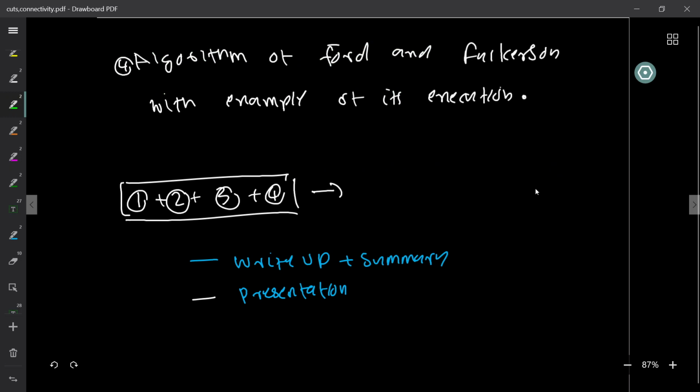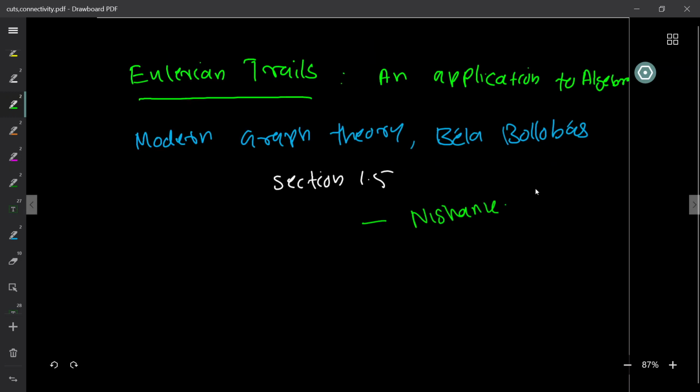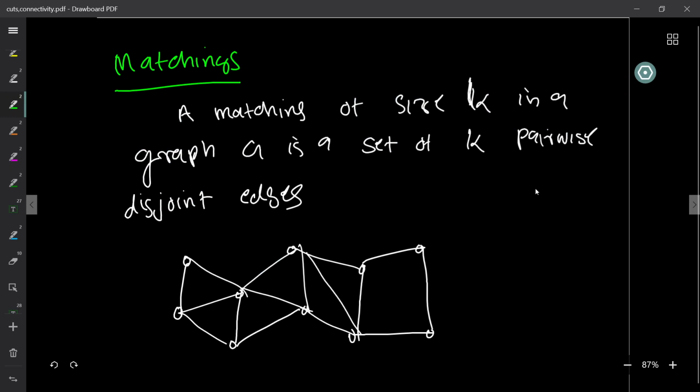So we now go to another topic called matching theory. You are already familiar with what are called independent sets, right? So what are independent sets in a graph?